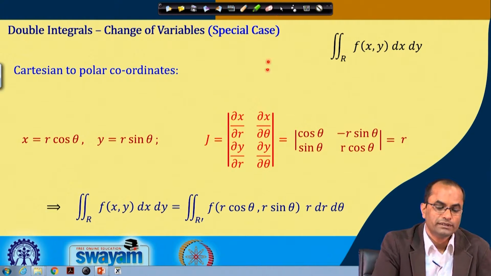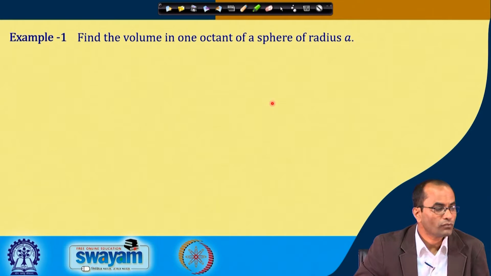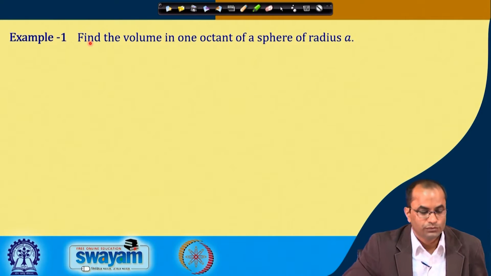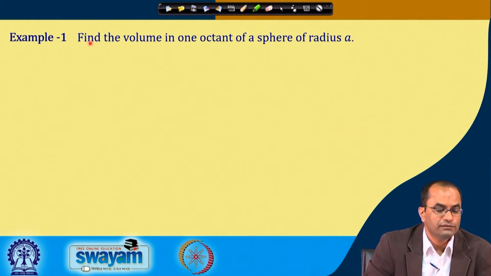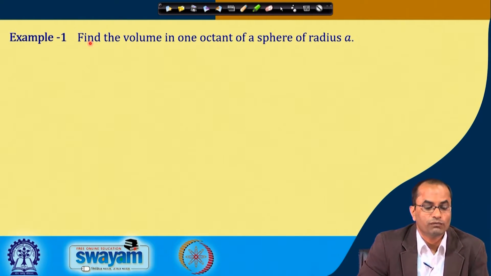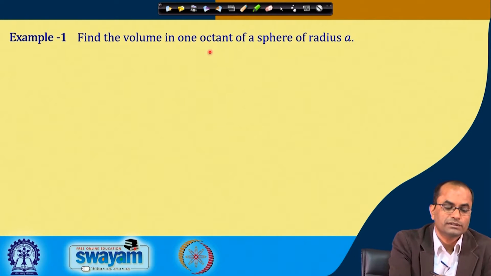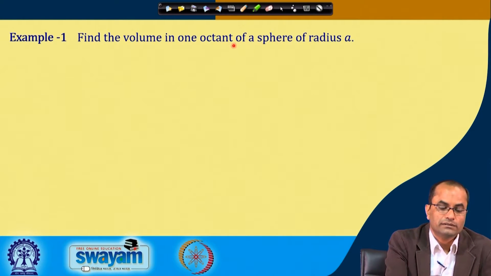With this, we can go through the examples which we will use now. The first one: to find the volume of one octant of a sphere of radius a. Another very simple example where we are using the sphere.